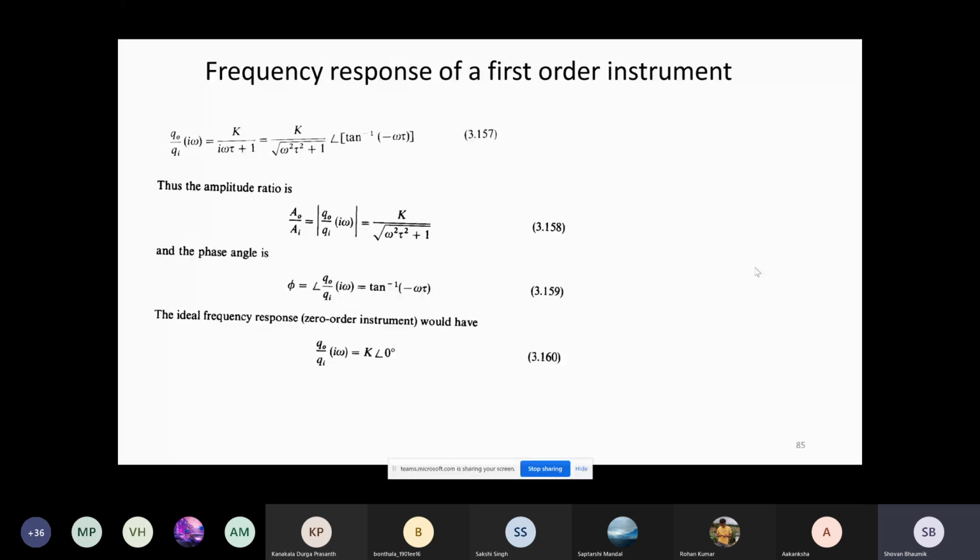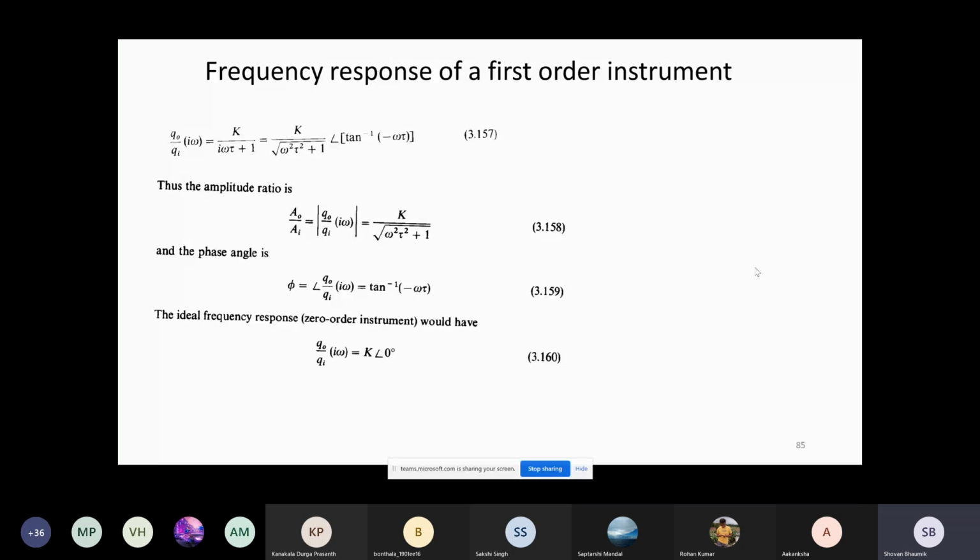Then you sum all the outputs, and the resultant sum will be the output coming out of the system. So this is the way you can determine the output even if the input is not sinusoidal.